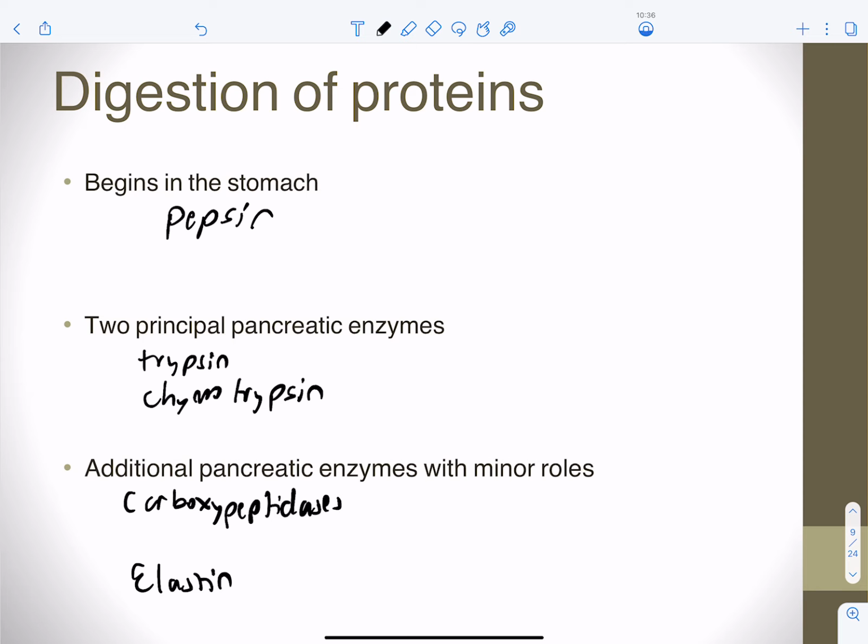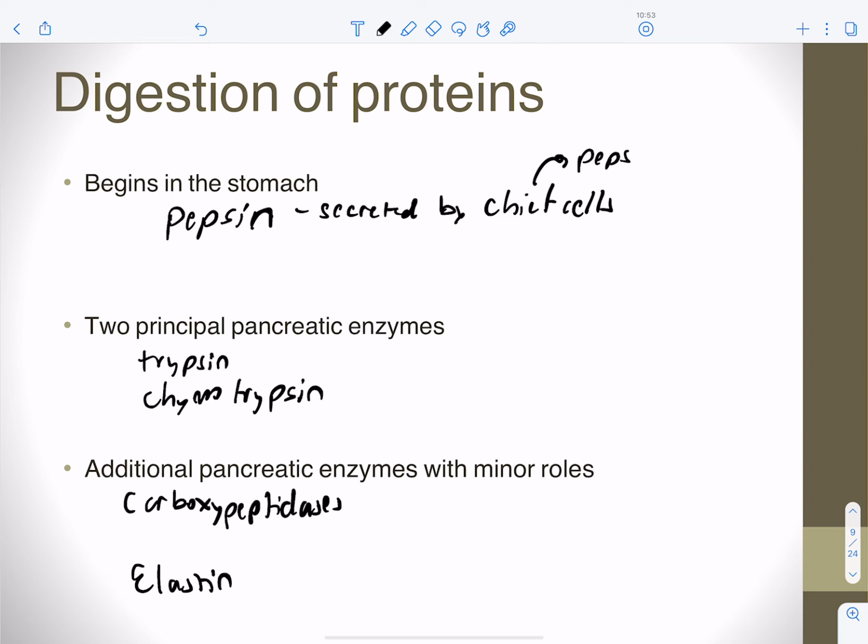Okay, so with respect to pepsin, pepsin is secreted by your gastric chief cells. And it's going to be released as pepsinogen. So this is a zymogen. This is a pre-enzyme. Now, your parietal cells of your gut are going to secrete hydrochloric acid.